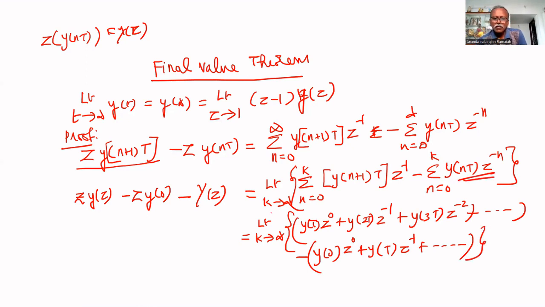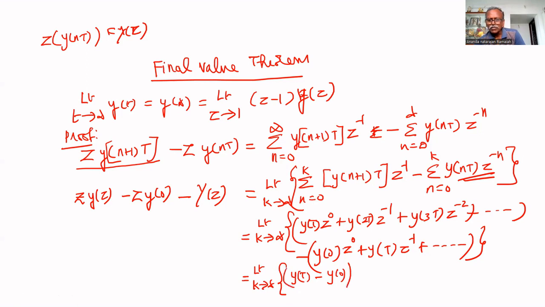Here, take limit z tends to 1 on both sides. Before that, we'll write one more step. Limit k tends to infinity, here y of t minus y of 0, the coefficient of z power 0.